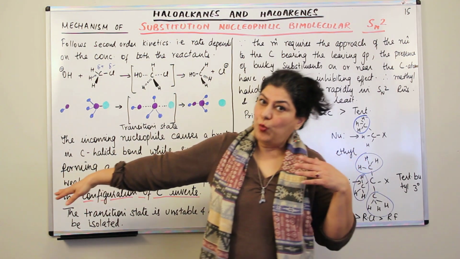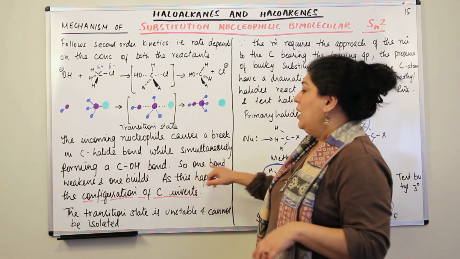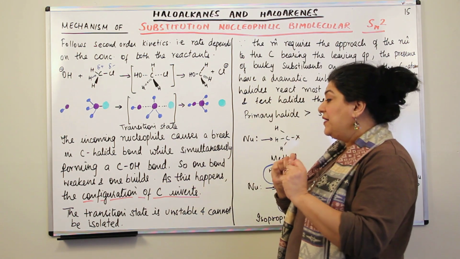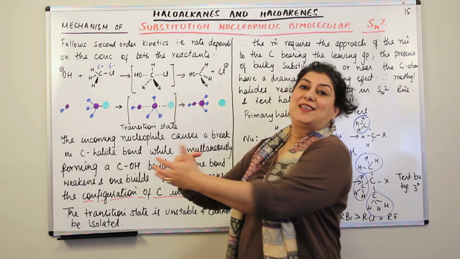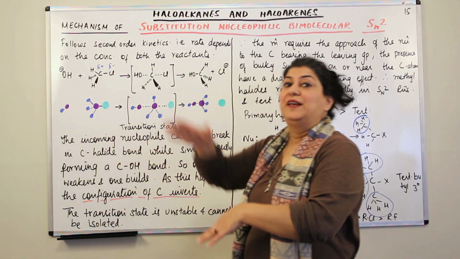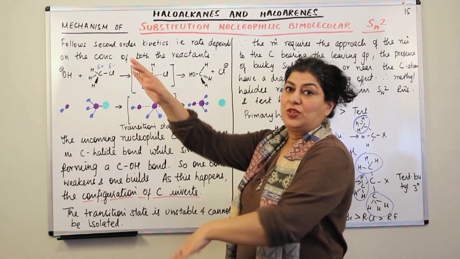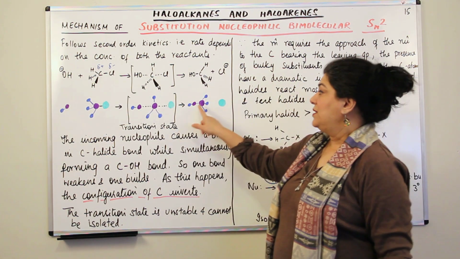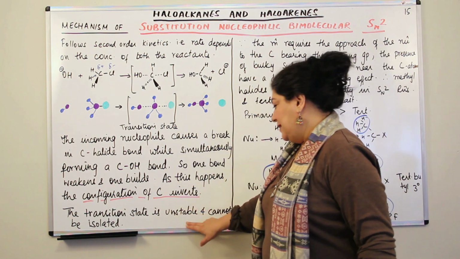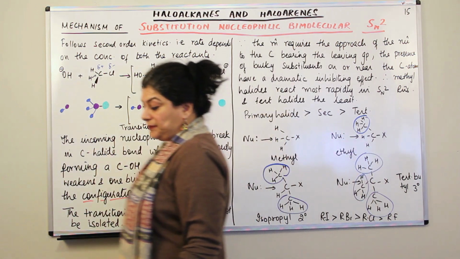One friendship is going weak, one friendship is becoming stronger. As this happens, the configuration of the carbon inverts. The three CH bonds of the tetrahedral figure get inverted in the end in the product. This transition state is unstable and cannot be isolated. I already told you this.